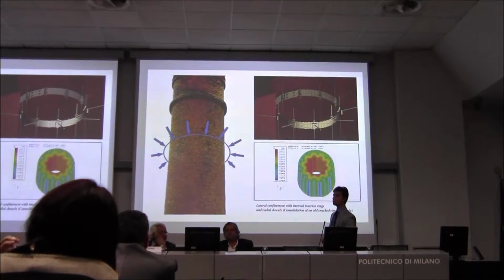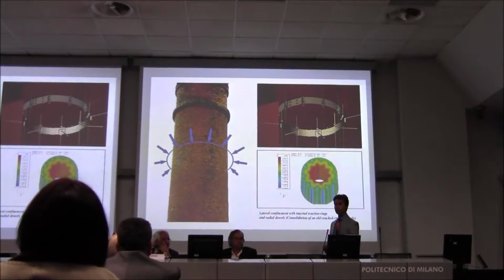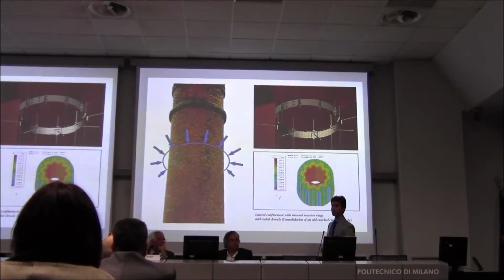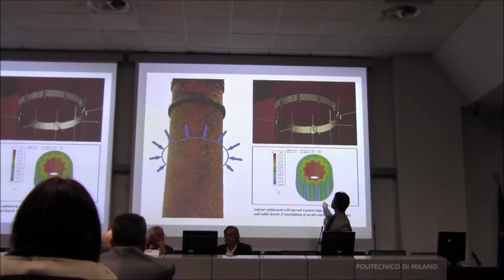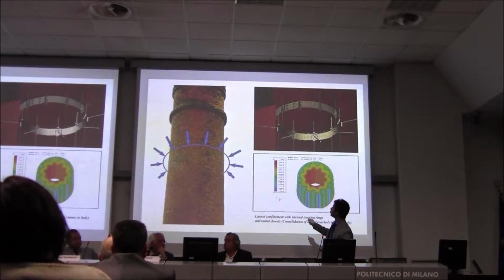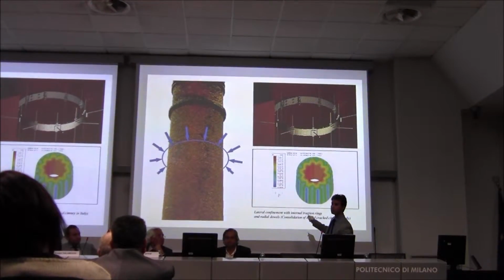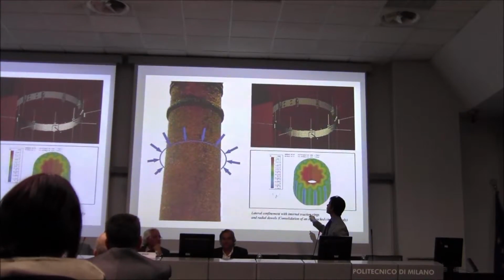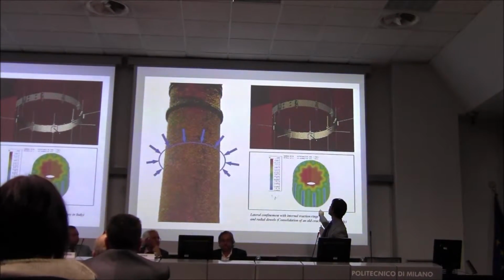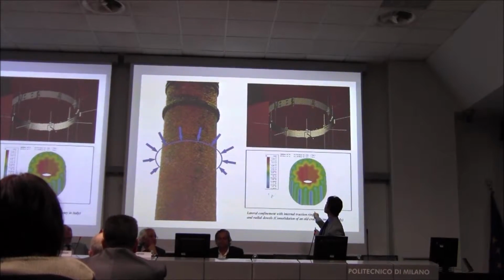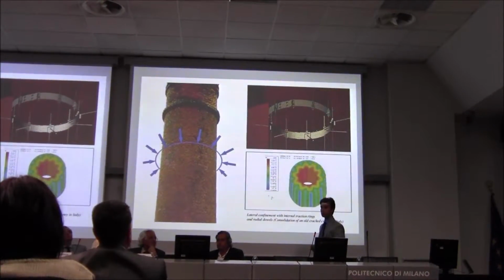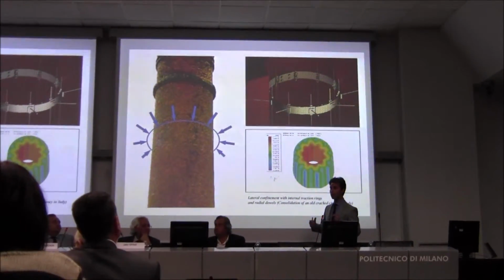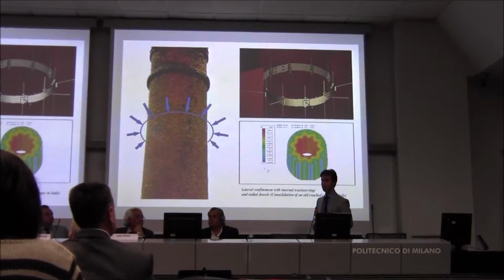The second proposal consists in placing a steel ring inside the masonry minaret, so that this is a steel ring that is connected to the masonry structure by means of these small bars. These small bars inside the masonry are connected with the steel rings by means of bolts, so that by closing these bolts we obtain a confinement of the masonry.